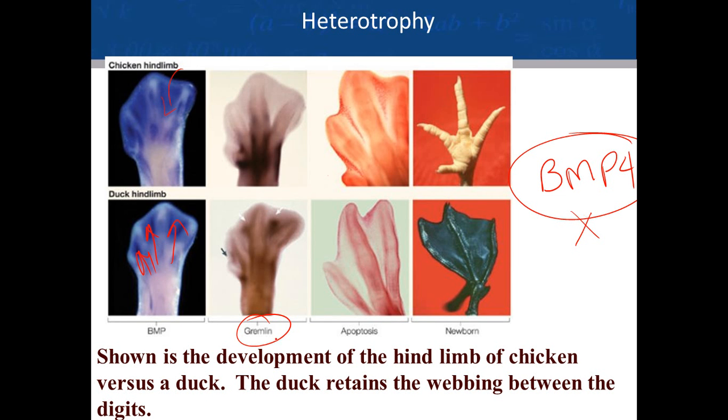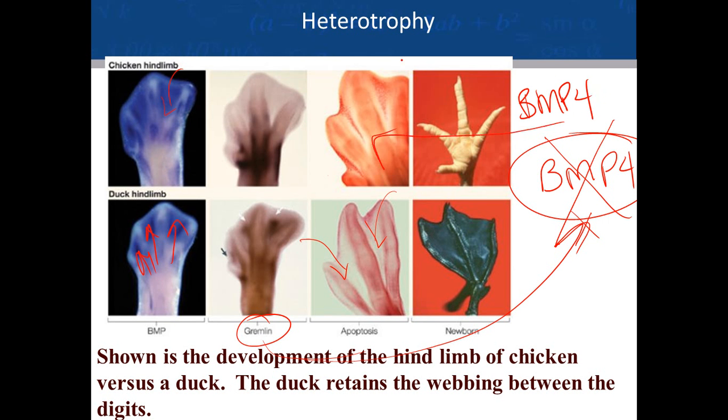So if you're looking at ducks, the gremlin protein is going to inactivate that protein. What will happen is the webbing will stay intact and ducks will have webbed feet for swimming. But if you're talking about a chicken, the BMP4 protein remains active and it stimulates apoptosis in that webbing area so that chickens do not have that webbing.